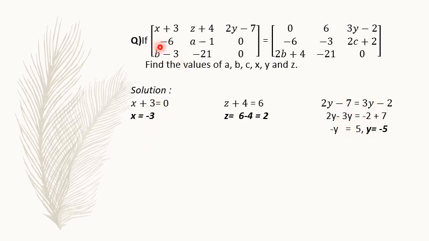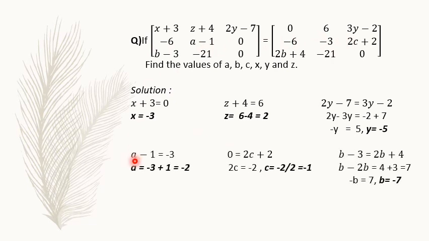Then the second elements are the same. That is, a minus 1 equal to minus 3. A22 equal to A22 in this matrix. So a minus 1 equal to minus 3. 2c plus 2 equal to 0, or 0 equal to 2c plus 2. Then a equal to minus 2, when we take minus 1 to the RHS.